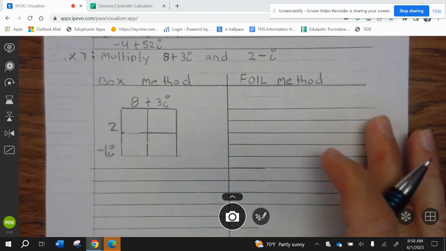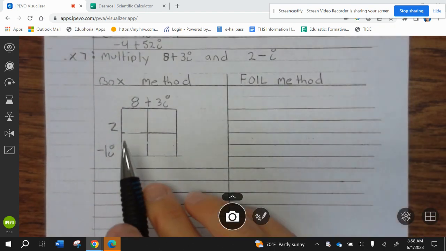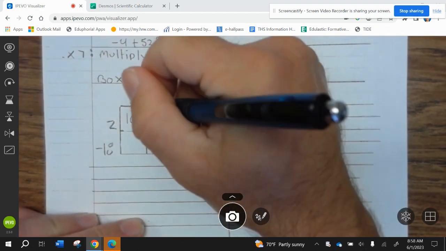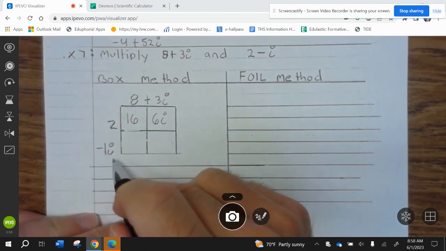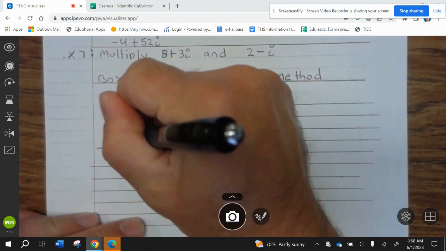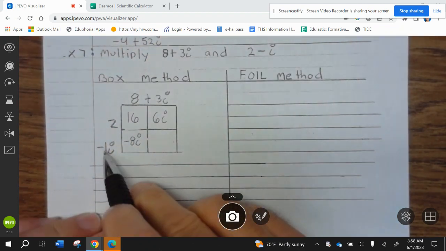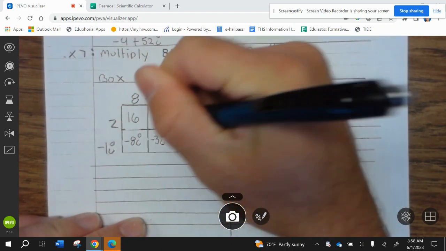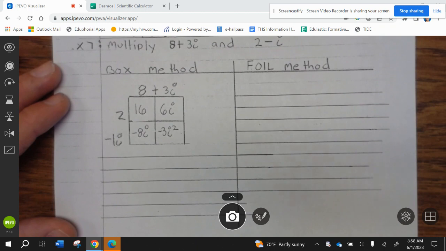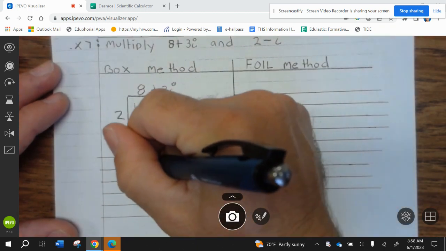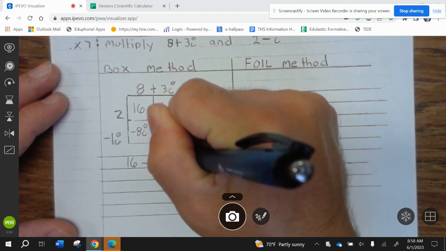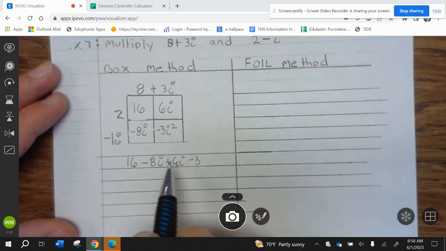All right, let's take a look at example 7. So let's multiply using the box method first. So 8 times 2 is 16. 2 times 3i is 6i. Negative 1i times 8 is negative 8i. Negative i times 3i is negative 3i squared. So you have 16 minus 8i plus 6i minus 3i squared.